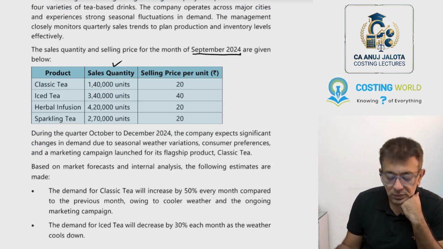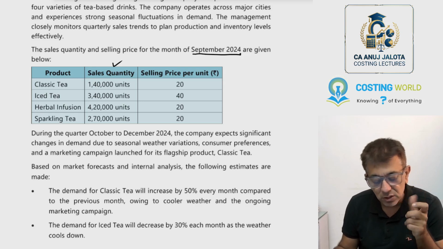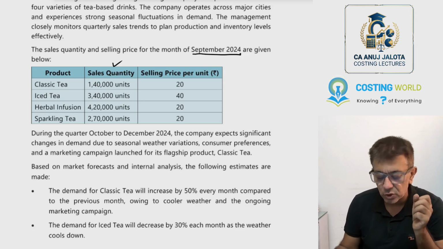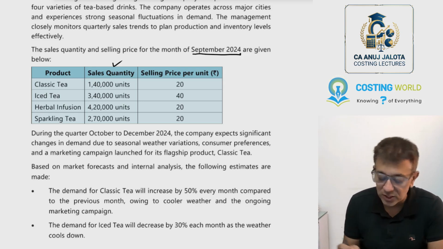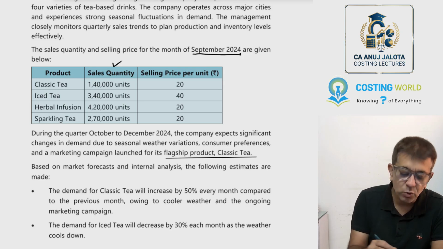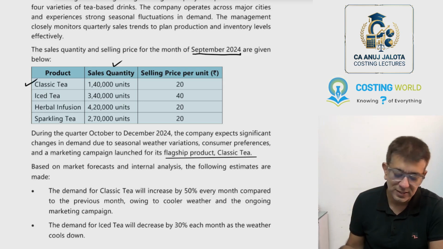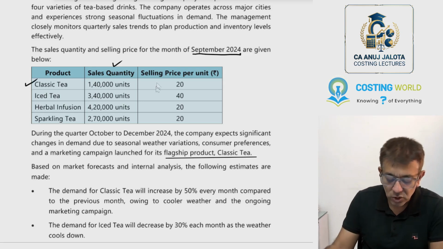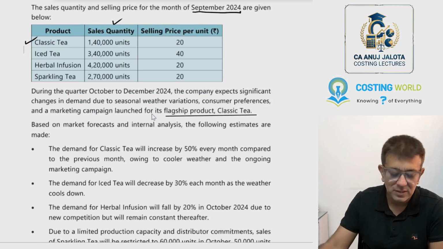During the quarter October to December, this company expects significant changes in demand due to seasonal weather variations, customer preferences and a marketing campaign launched for its flagship product, classic tea. Based on the following forecast and internal analysis, the following estimates are made.